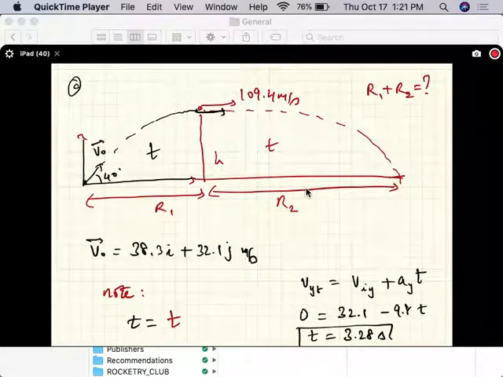So what we did there was, here was the x component of the velocity. So the x distance traveled was the x component of the velocity times the time of flight. For this guy, it'll be the x component of the velocity, which is 109.4 meters per second, times the time of flight. But this time of flight is the same as this time of flight.